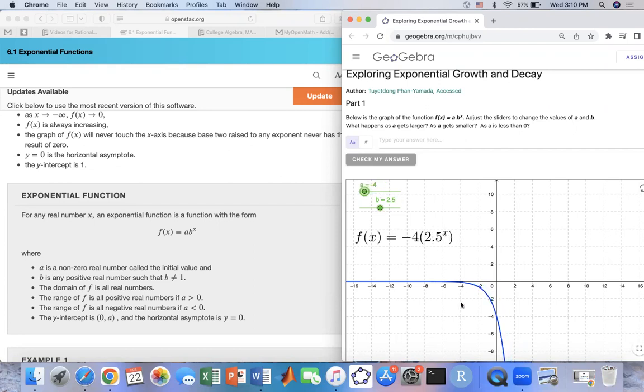Then you see it at negative 4. If I go up all the way to negative 1, I have it right there, and then I go up to 1, so you see it right there, and then 2, 3, 4, and so on, all the way up. So that is some special things about the exponential function. I hope it helped.